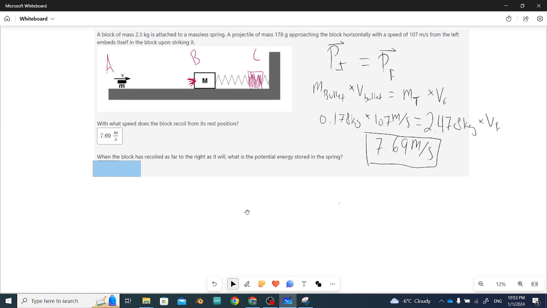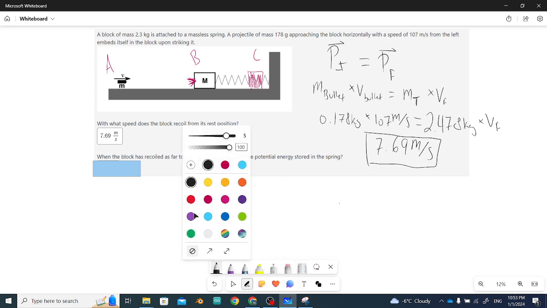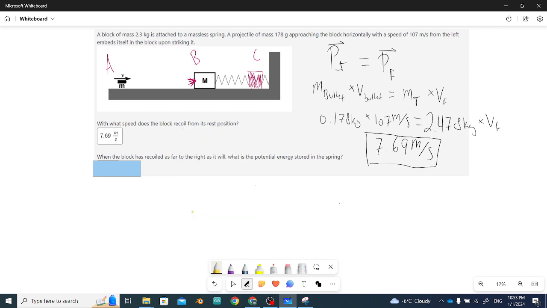So first off, let's calculate what energy we have at B. All that we have at B is velocity. So with velocity, it means we have kinetic energy. Let's say B is going to be yellow, and C is going to be purple.